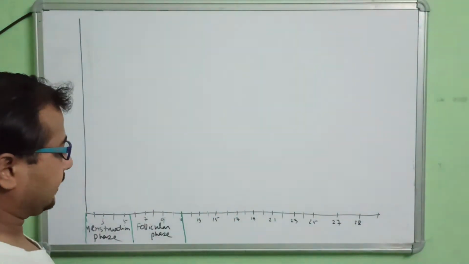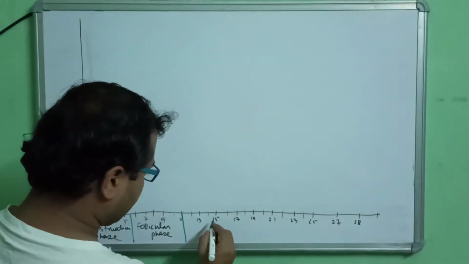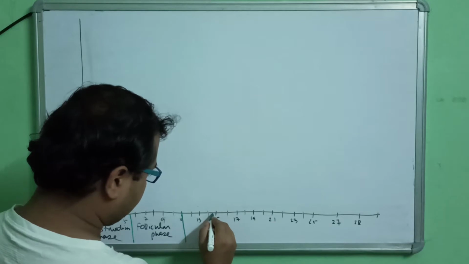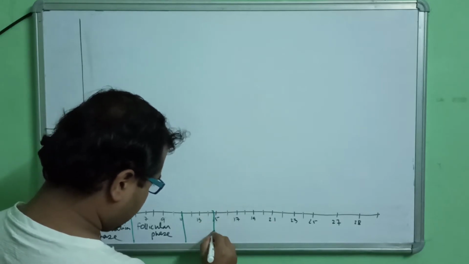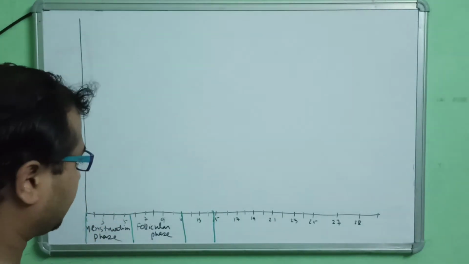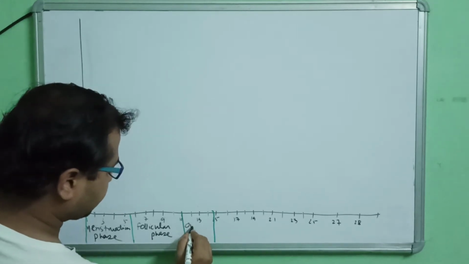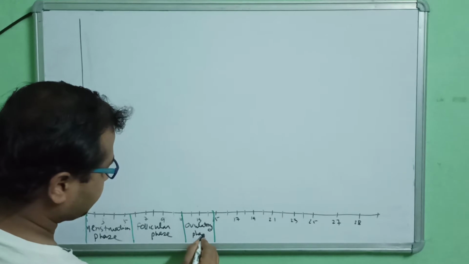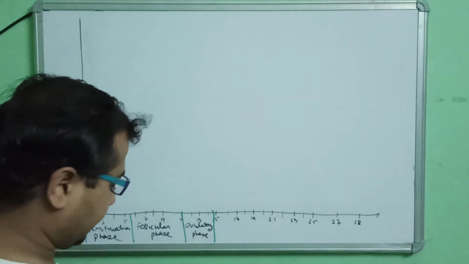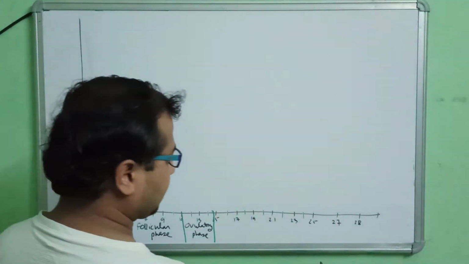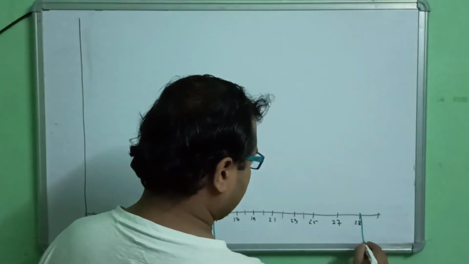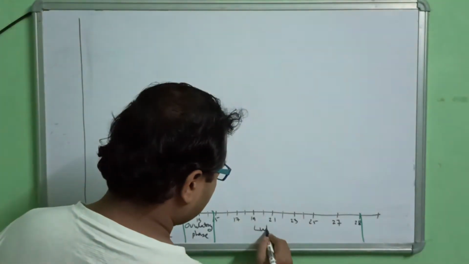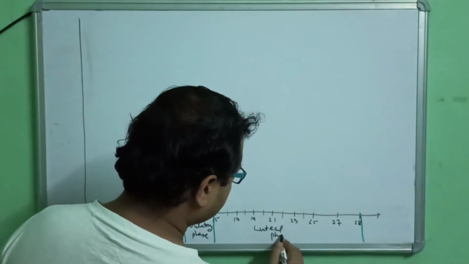And then after this, 12 to 14, so let's make it at this level. This is the ovulatory phase. And then we see the next one from 15 to 28. This phase is the luteal phase.